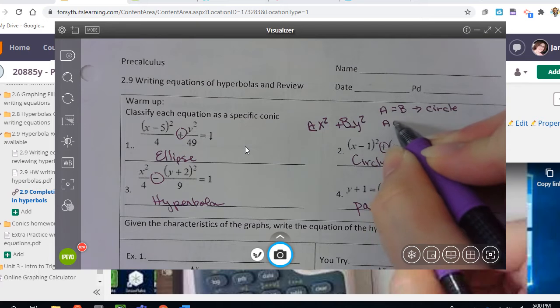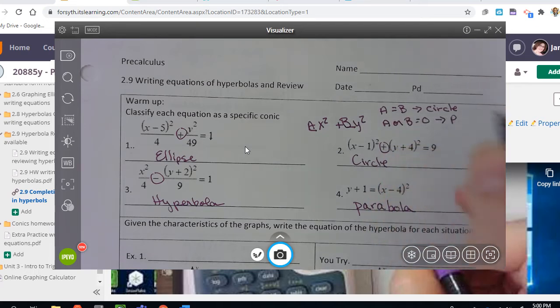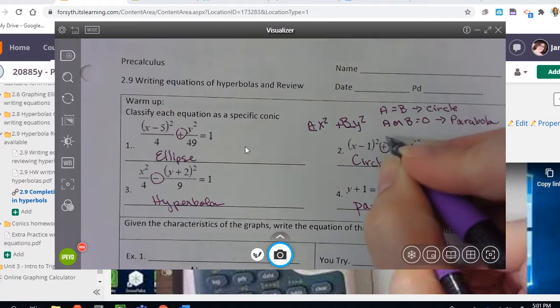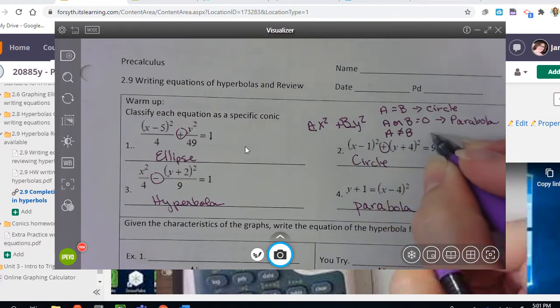If a or b equals 0, that is a parabola, because what would happen is it would get rid of one of your x squared. Parabola. And if a is not equal to b, it is an ellipse.